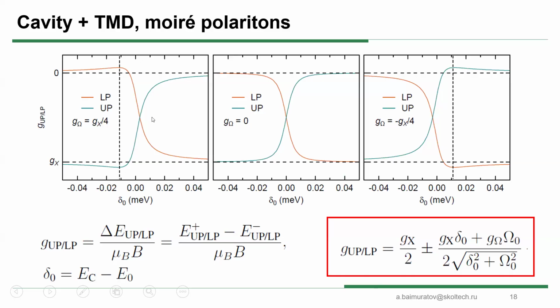But here, when you have this G factor for Rabi splitting, depending on the sign, you can, in principle, for different sides of the detuning, effectively increase the amplitude of this G factor, and in principle you can even change, let's say, the effective G factor for the branches.